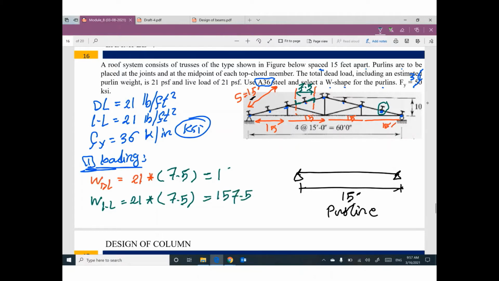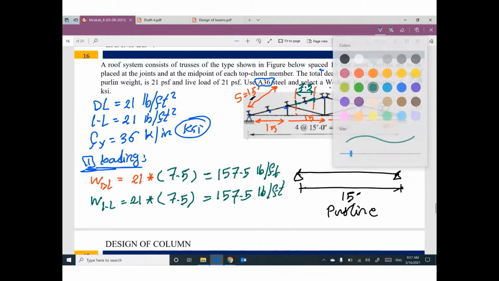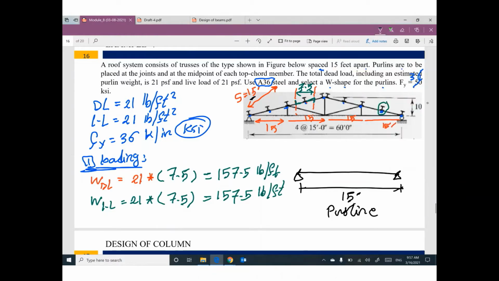Anyway, what is the value of live load? What is the value of dead load? 157.5 pound per foot. Okay. What is the value of W ultimate? 1.2 dead plus 1.6 live. So multiply this one by 1.2 and this one by 1.6, 441 pound per foot.